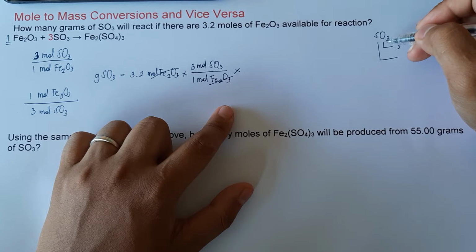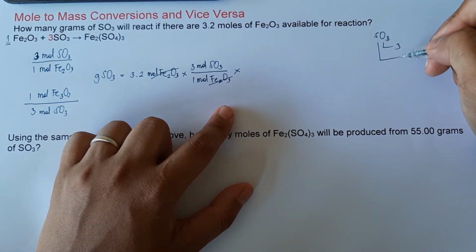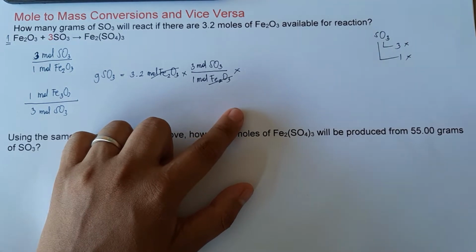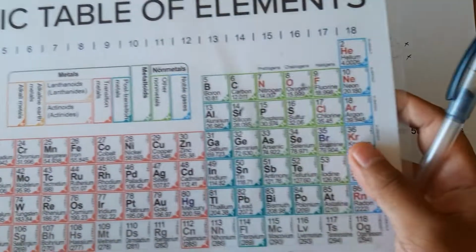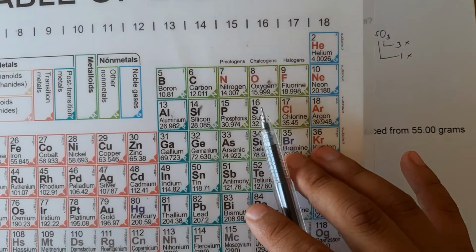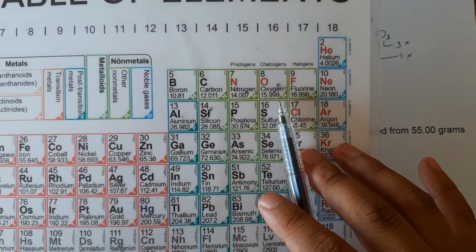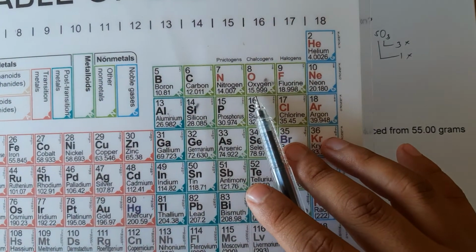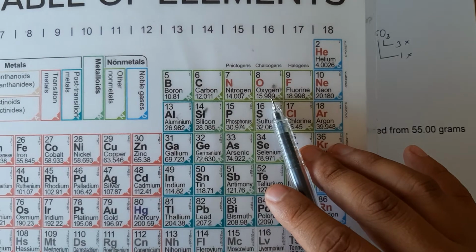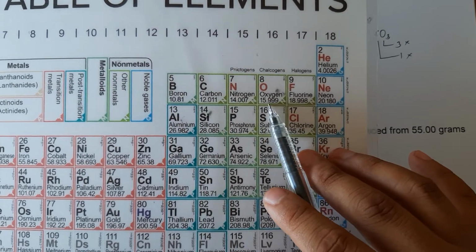Oxygen is 3. There are 3 atoms of oxygen. Sulfur is 1. We multiply it by the value of their molar mass for each element. So, oxygen, 15.999 or 16. Kasi nga, 2 decimal places yung gagamitin natin. So, kailangan nating mag-round off.